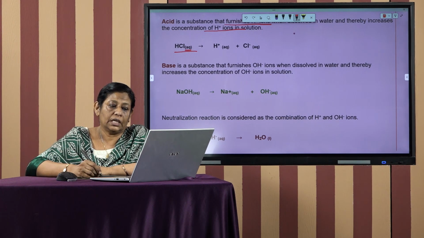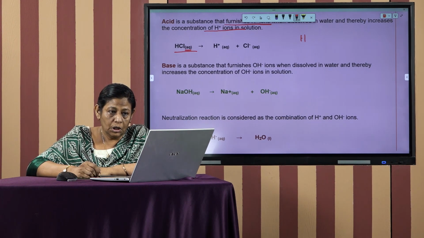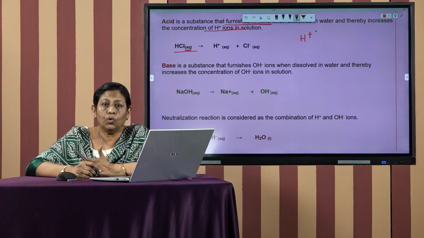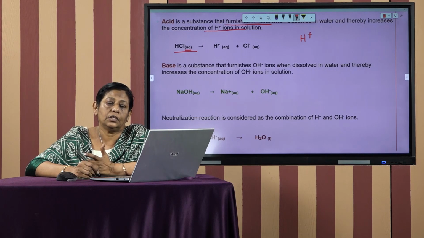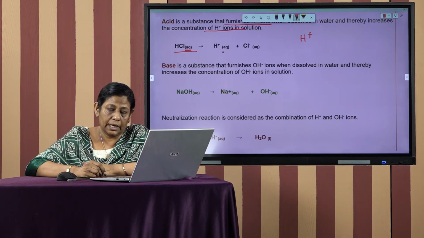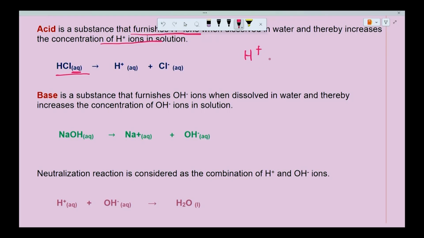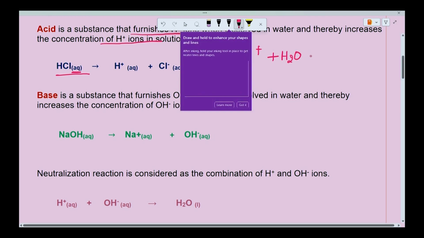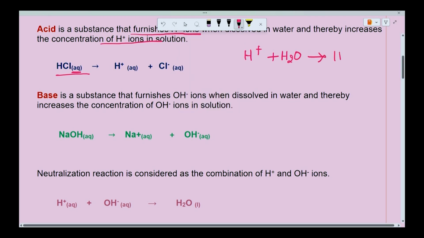Actually, as you all know, this H plus ion is a single proton and it won't exist as H plus, but just for the theory's sake we have put it as H plus. It will be in the hydrated state, where H plus takes up a water molecule and gets converted into H3O plus ion, and that is how it exists in aqueous solution.